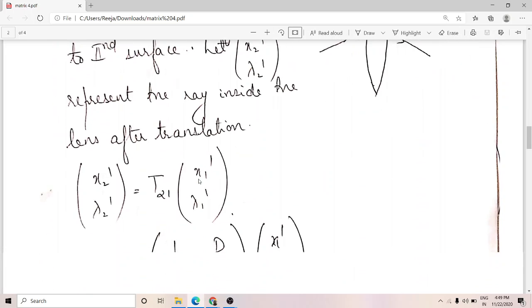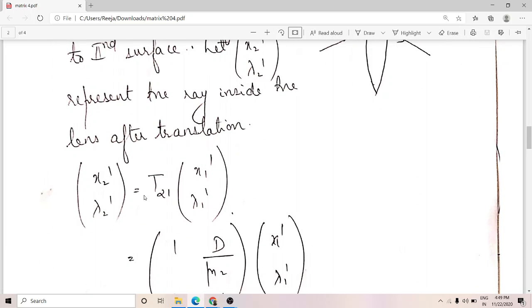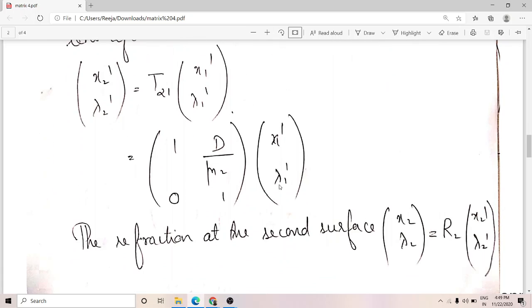The translation matrix is given by 1, d by mu2, 0, 1. Translation takes place through a homogeneous medium, here through the lens, so it is the refractive index of the lens that you have to write here. So the matrix 1, d by mu2, 0, 1 into x1 dash lambda 1 dash.